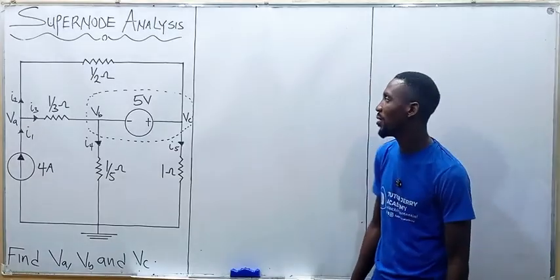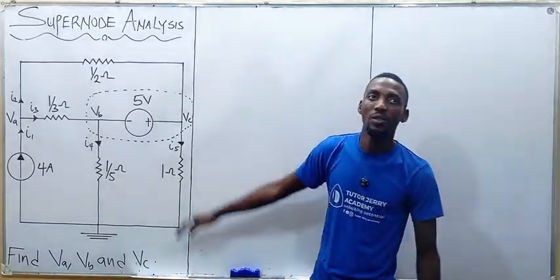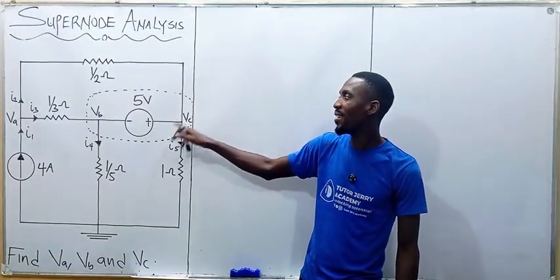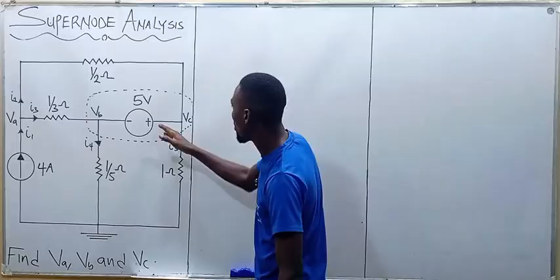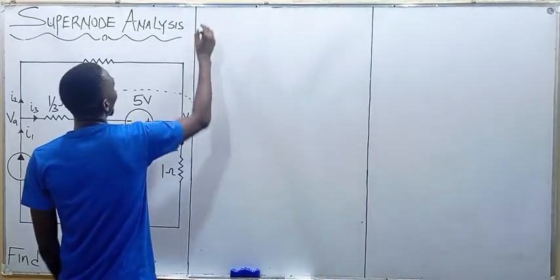Now the first thing we are going to do is to apply KCL to the supernode, because this becomes a supernode.